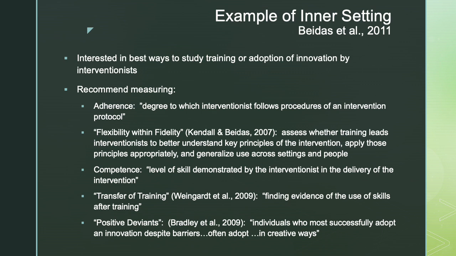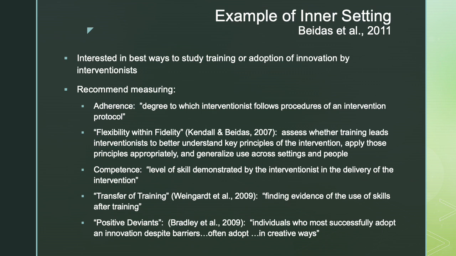Another important measure that fits with the inner setting is the competence of the interventionist. This is the level of skill demonstrated. Now, many times we look at knowledge or beliefs of interventionists. That's actually handled as a within-individual variable a bit later in our framework.